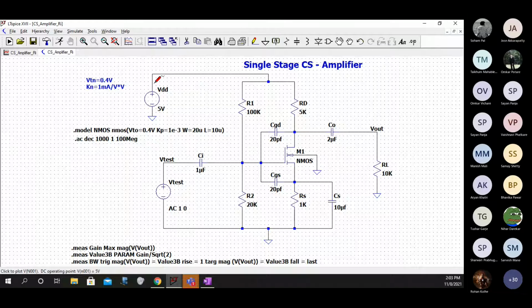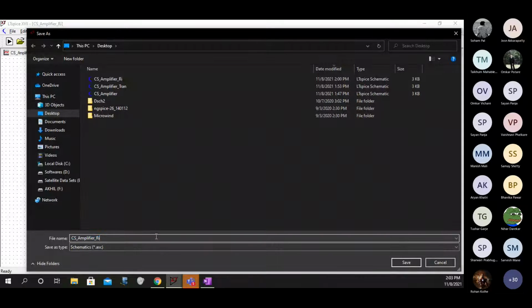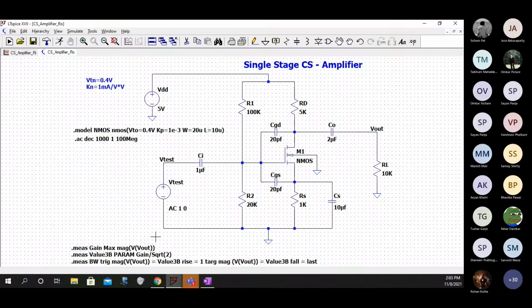Okay. Now very simple. Again, I'll just save this file. Save as, instead of Ri, I'll save it as now RO, which obviously means that now I want to calculate RO also. So what should I do?